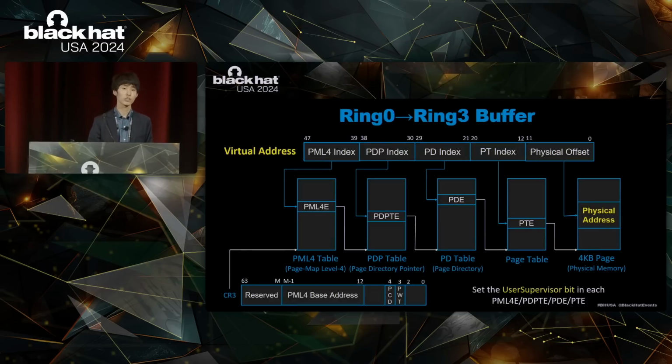And the base address of the PML4 table is stored in the CR3 register. The information of whether a page can be accessed from user mode or only from kernel mode is managed by the user/supervisor bit in each of these entries. So if you set this bit to 1 for each of the entries that point to the physical address of the buffer where the shellcode is located, we can make the buffer accessible from userland.